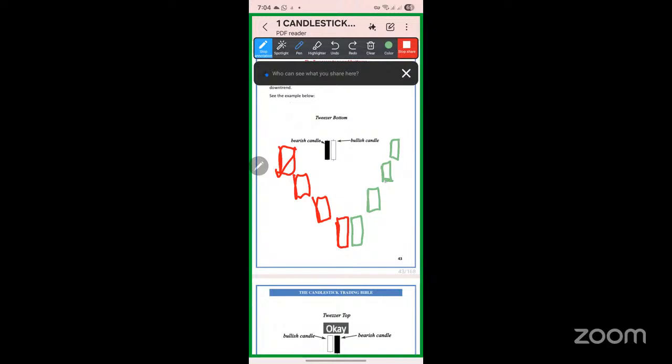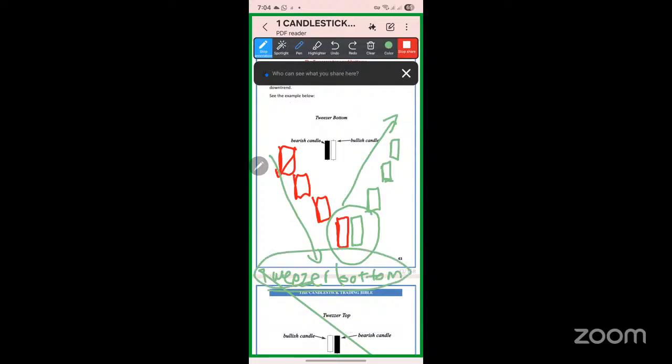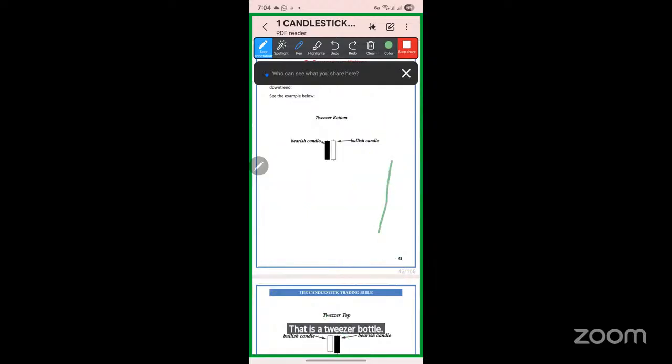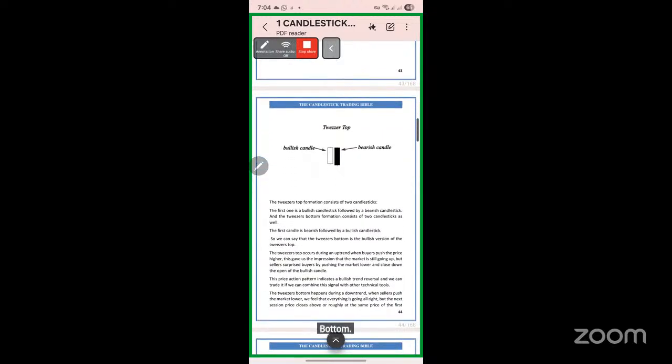So the market trend is downwards, then it reverses to the upward side. This pattern formed here is what we call the tweezer bottom.